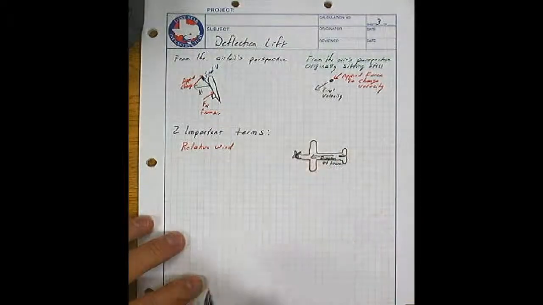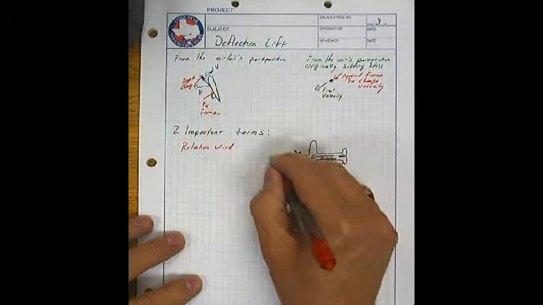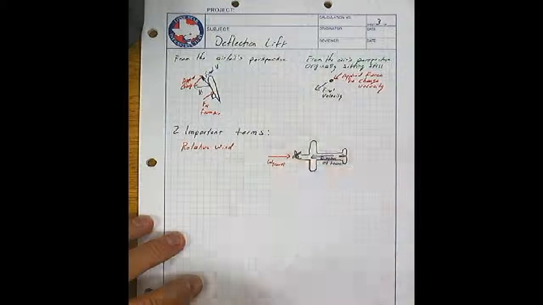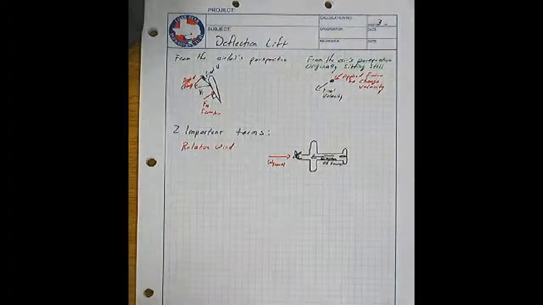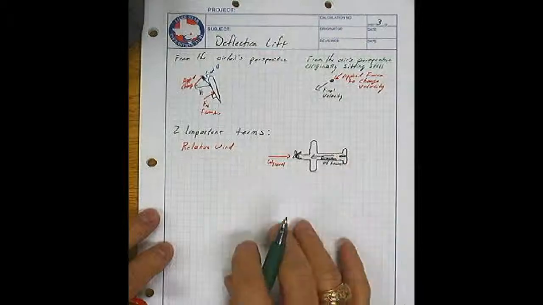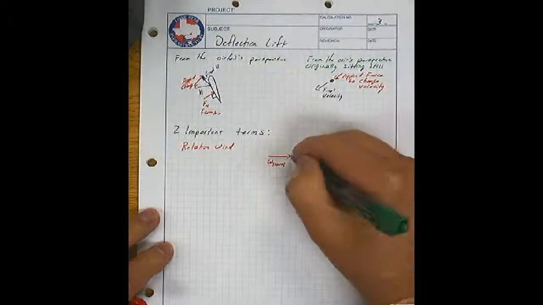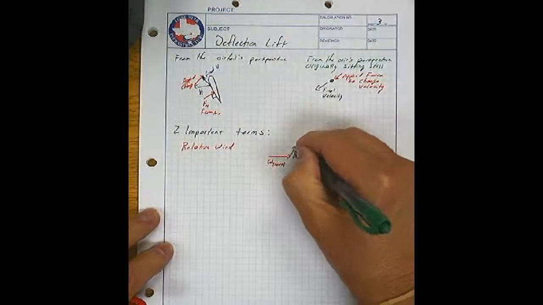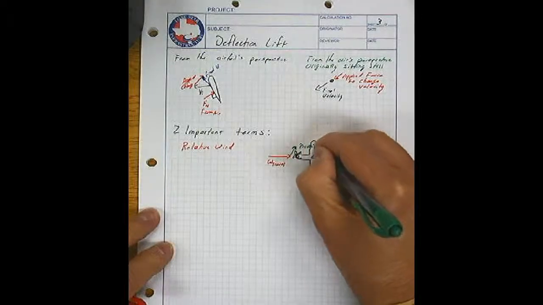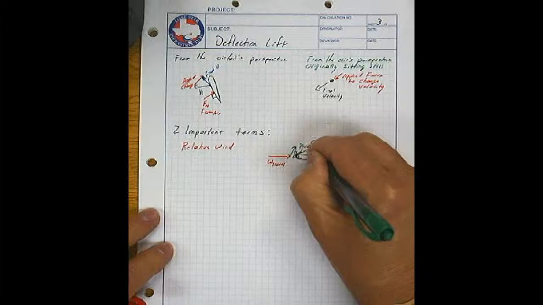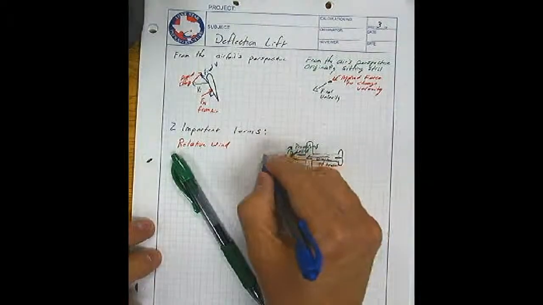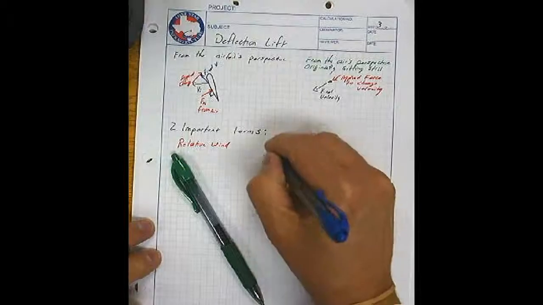If it's traveling this way, it experiences a wind component directly opposite the direction of travel. If at the same time I had a wind component this way that was the prevailing winds, then what I actually get as a result is the relative wind, the vector addition of those two.